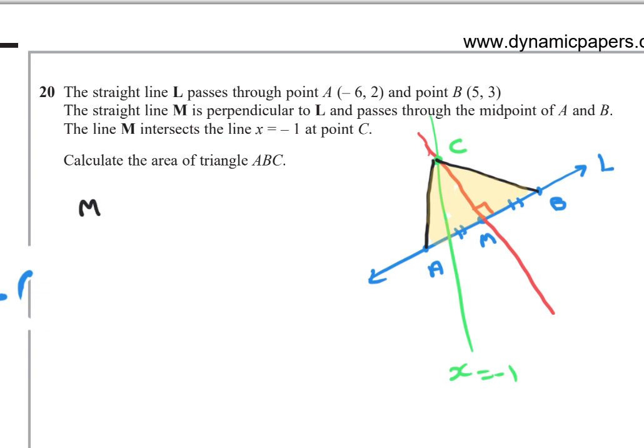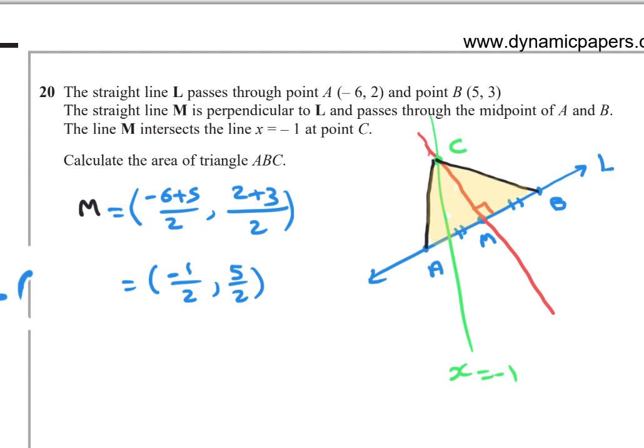Point M equals (x plus x) over 2, (y plus y) over 2: (-6 plus 5) over 2, (2 plus 3) over 2, equals -1 over 2 and 5 over 2.